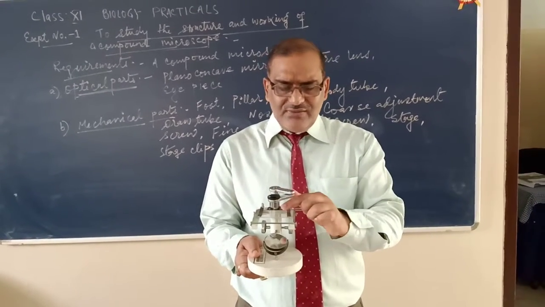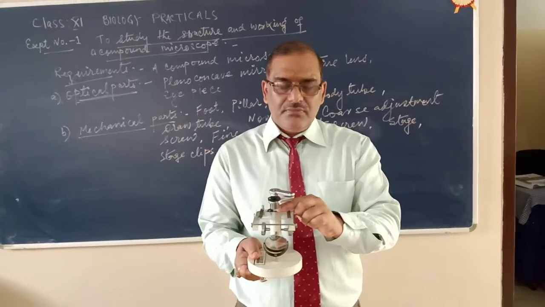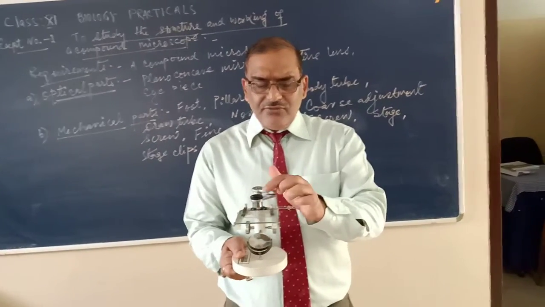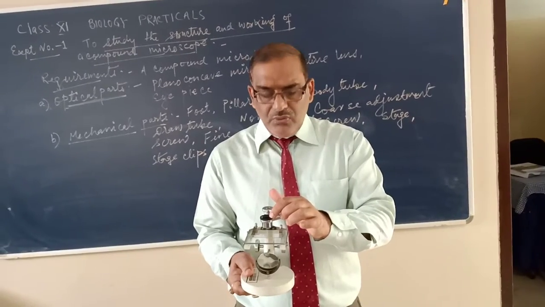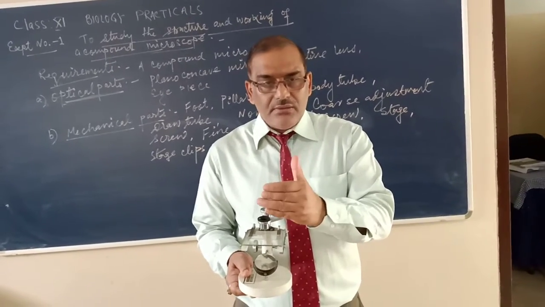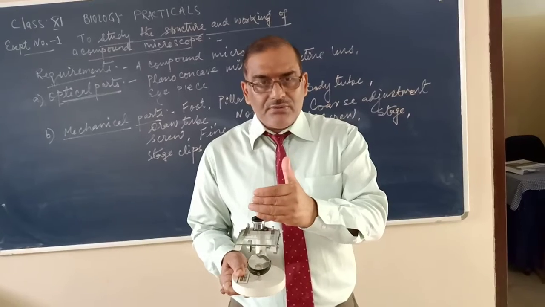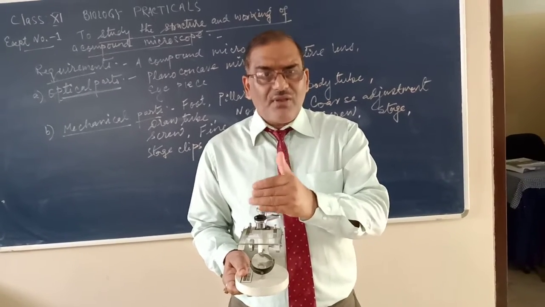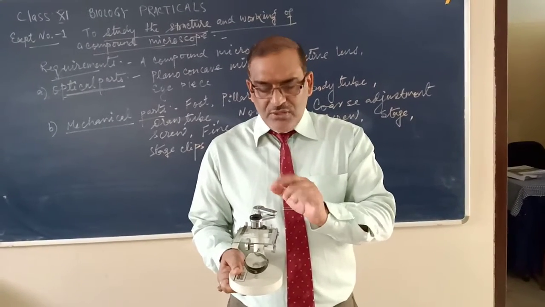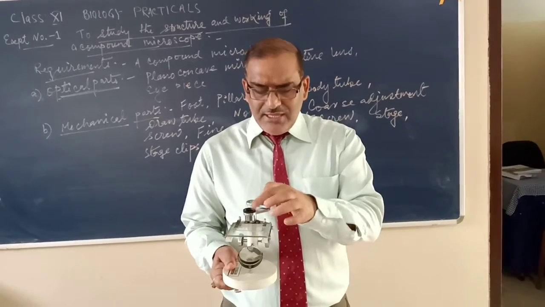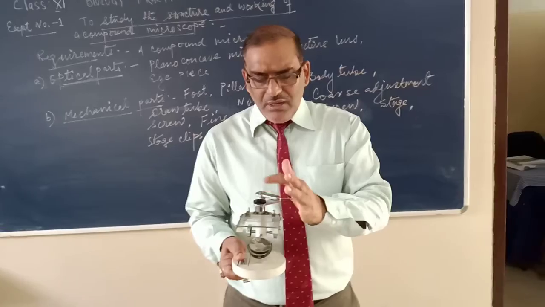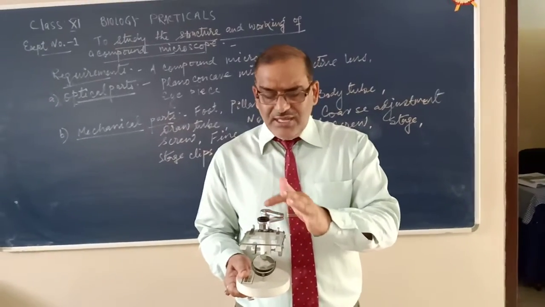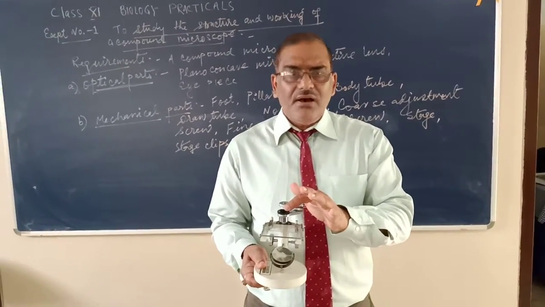The lens that lies above the slide is called the objective, and the lens on which we set our eye to visualize the slide is called the eyepiece. So the single lens lies above the slide as well as below our eyes. So this single lens functions as objective as well as eyepiece.